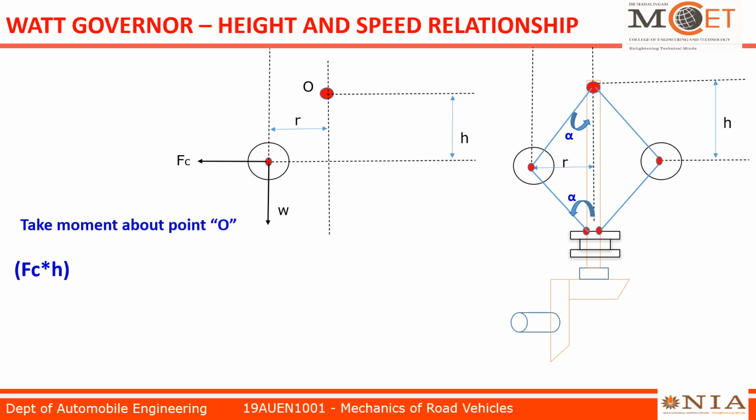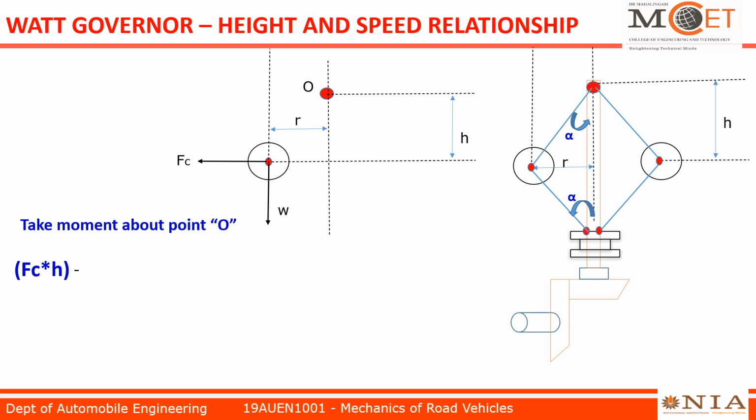Because of the self weight of the ball, the moment takes place in the anti-clockwise direction, so I mark it as minus. I take clockwise direction as plus, anti-clockwise direction as minus. The weight is a vertical force and the perpendicular distance is the horizontal distance, that is r.